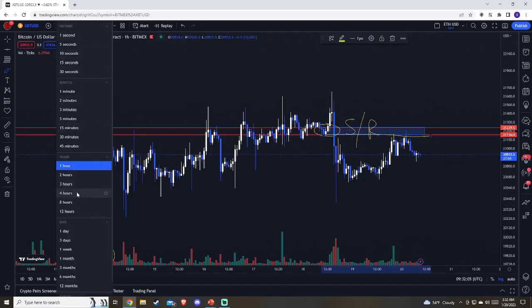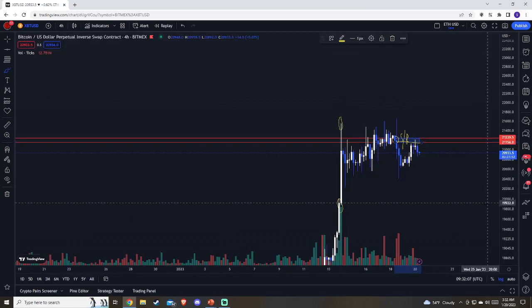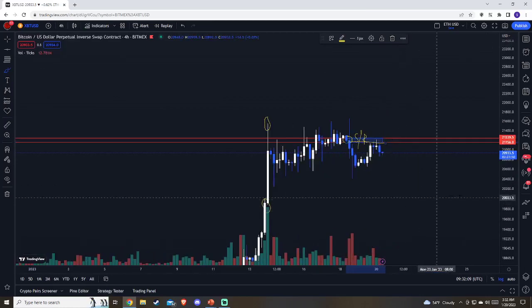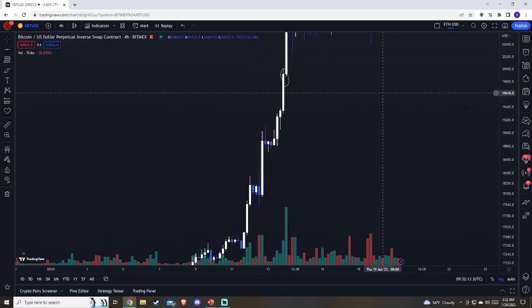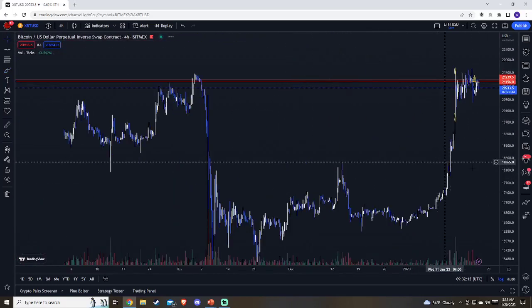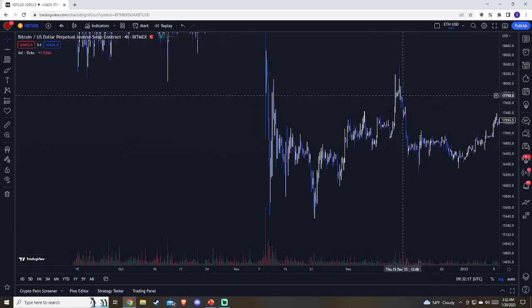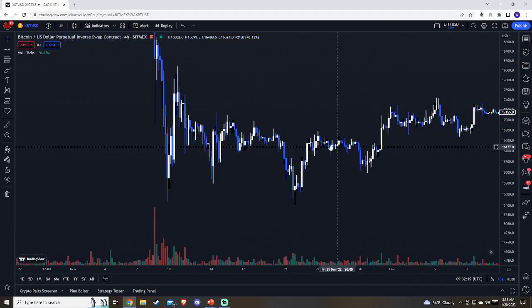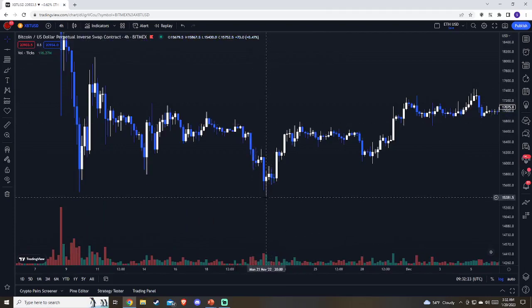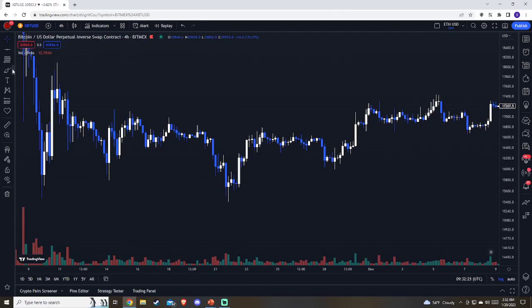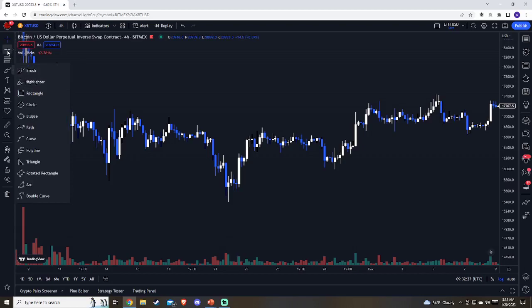So then when we look at an even higher time frame, let's go to the 4-hour. We can even look at it from a zoomed out point of view. Now let's come down to this area here. Okay, so we see this is the lowest point. Now we're flipping it and looking at it from a different perspective.